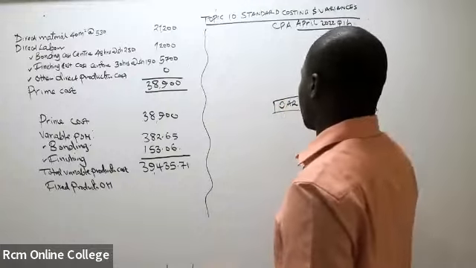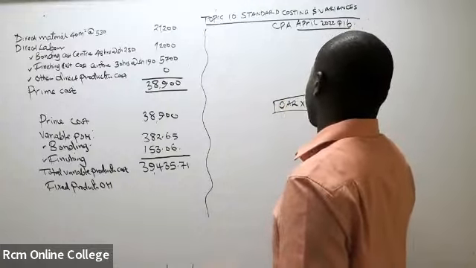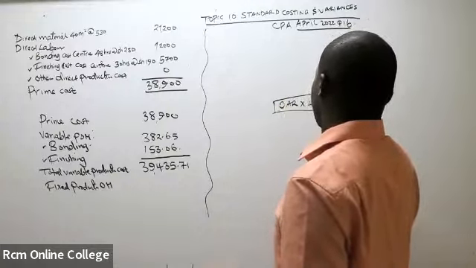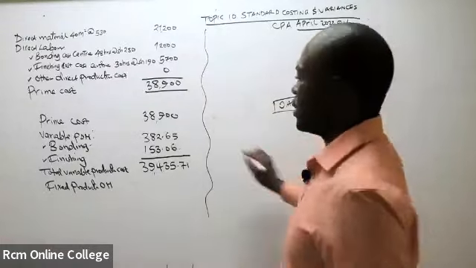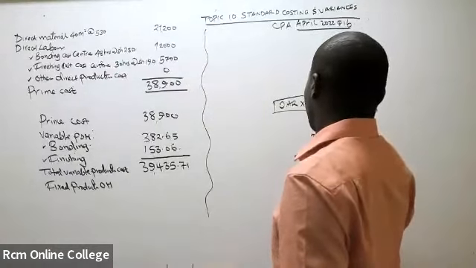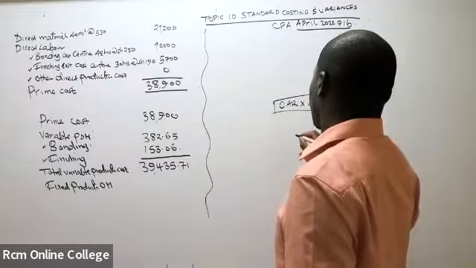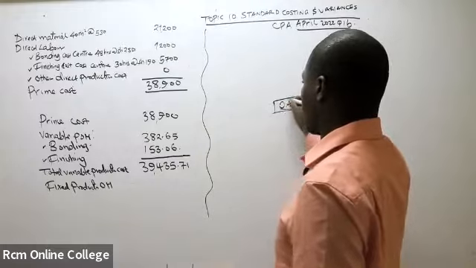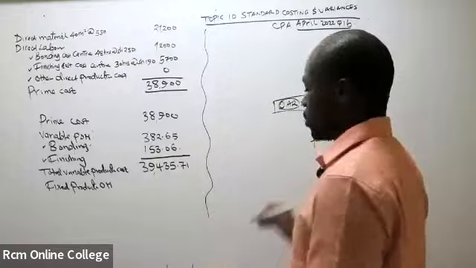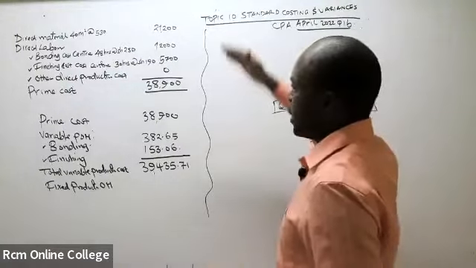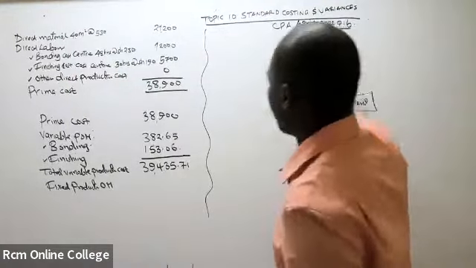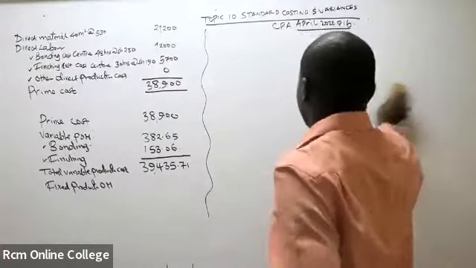Remember, actual activity level here is hours, but what we are getting here is per unit. It is not absorbed based on units. It is absorbed based on hours. So the two cannot go together. That's why we are taking the entire amount, dividing by the number of units as per the budget for the entire year.